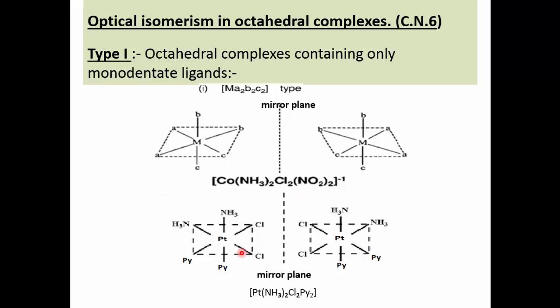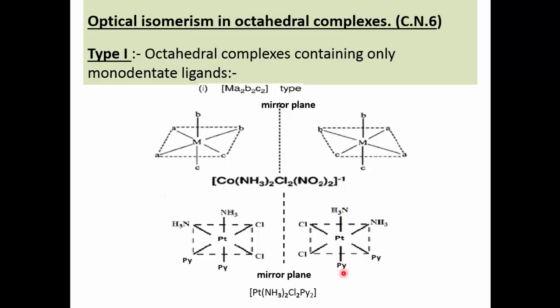For example, see here, this is Pt(NH3)2Cl2Py2. So to the platinum, two ammonia groups, two chloride groups, and two pyridine groups are attached. If a mirror is placed, we find that this NH3 group is shifted to its opposite side. Similarly, these chloride atoms from second and third position shift to fifth and fourth position, while the position of NH3 and pyridine remains as it is.